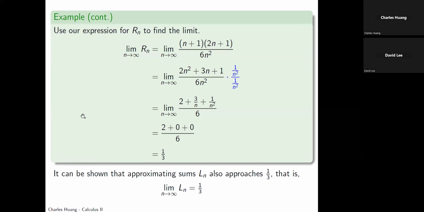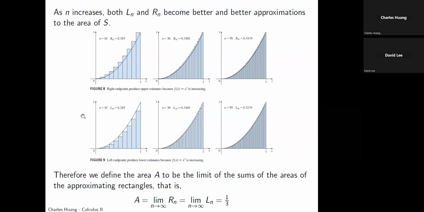We're just going to clear up a few more things. What we should realize is that if I don't have a lot of rectangles, the estimate is not very good. And when I have more and more rectangles, the estimate is better and better. How do I know it's better? The gap, or the extra part that we have, is getting smaller and smaller.